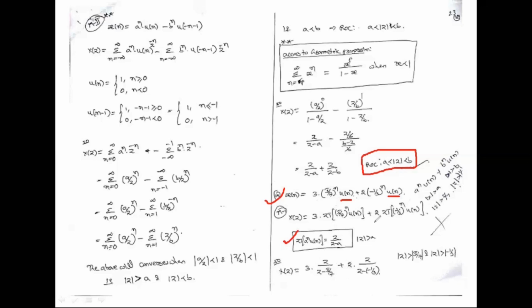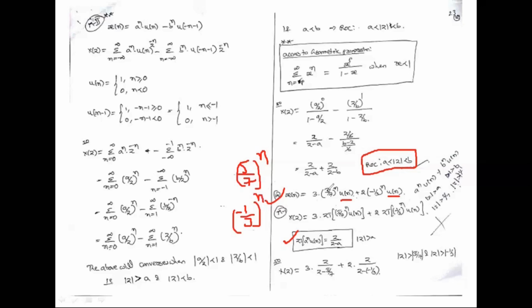5 by 7 plus 2 into, it is also in the form of a power n mu of n. Instead of a, it is minus 1 by 3. Minus 1 by 3, it is a 5, my dear students. 5 by 7 whole power n as a, and the other one is 1 by 3 whole power n. Okay, don't confuse it.